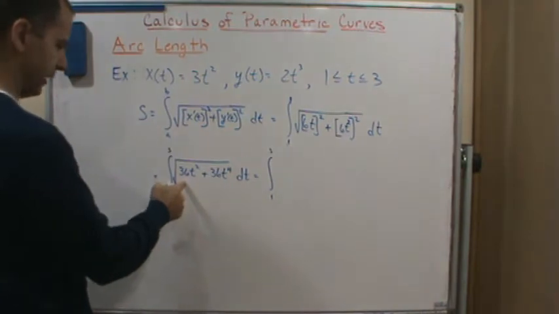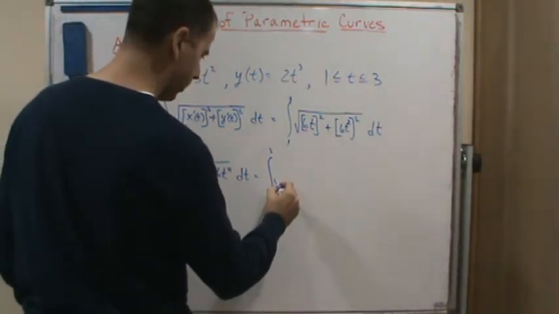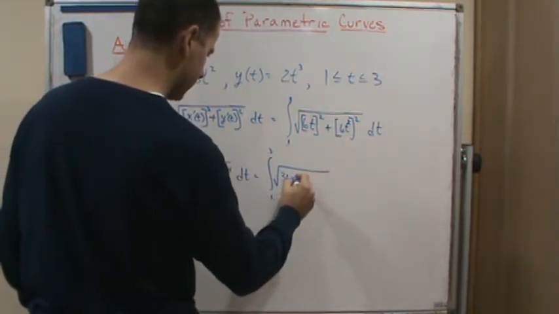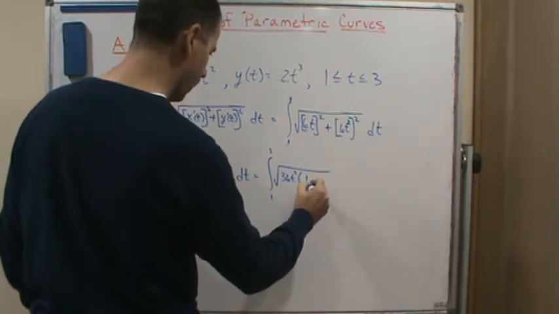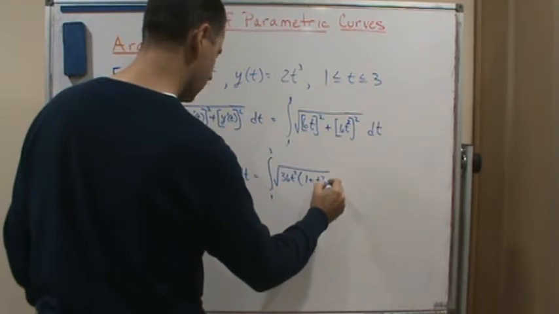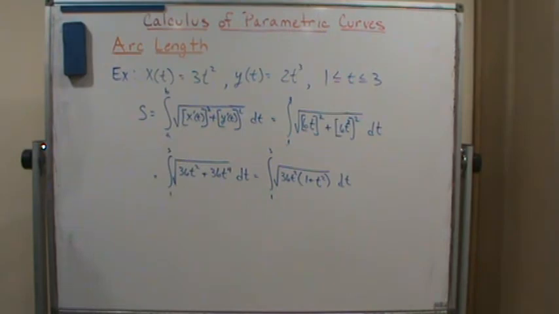Now I'm going to factor out the 36 and a t squared, so I'm going to write this as the square root of 36 t squared times 1 plus t squared dt.